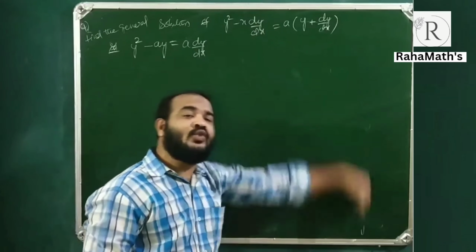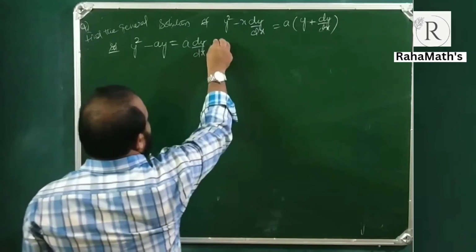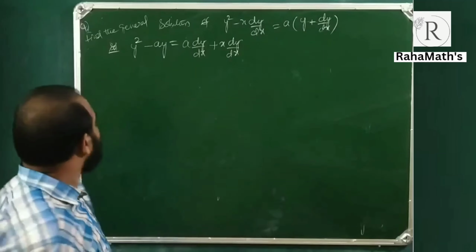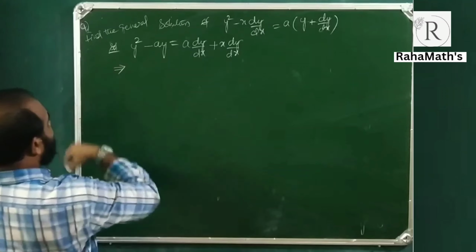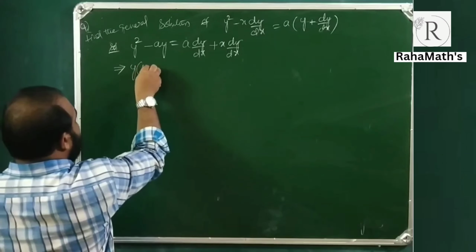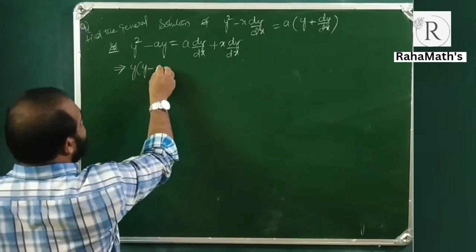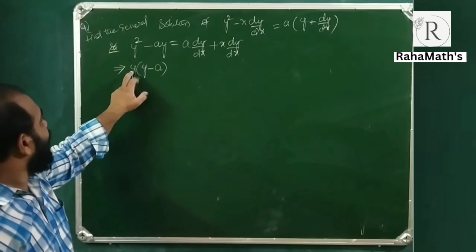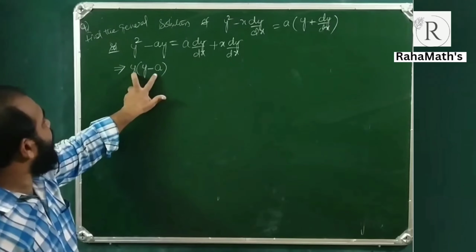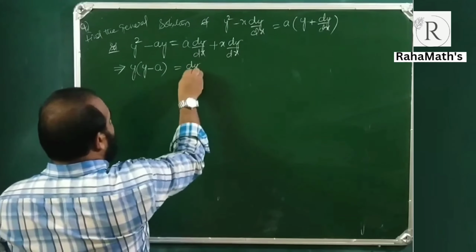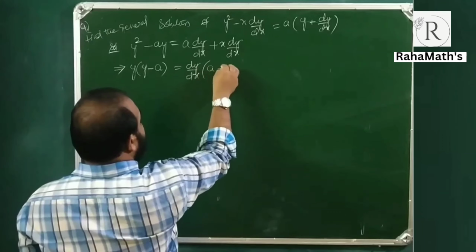If you transpose onto another side, it is plus x dy by dx. So this can be written as, if you take y as common, y into y minus a, so this is y into y square minus ay. So here dy by dx, if you take common, then this is a plus x.